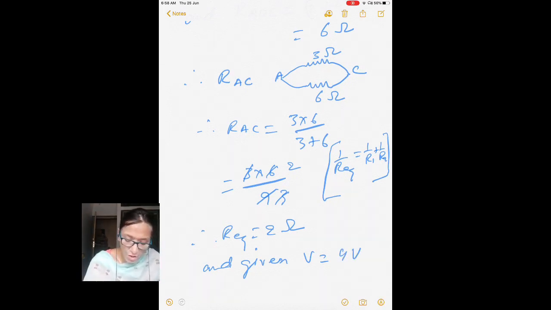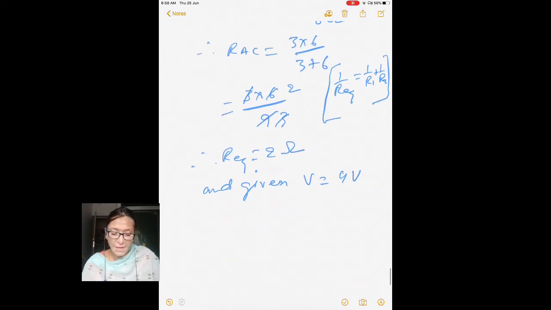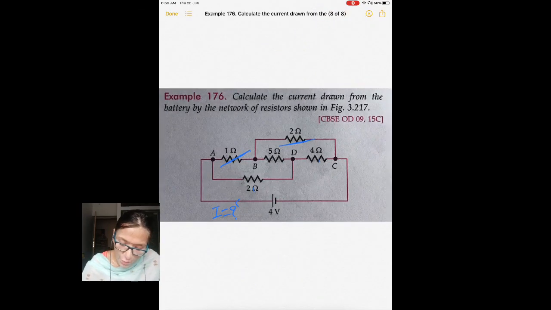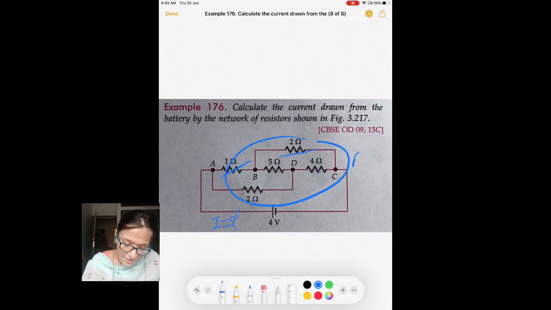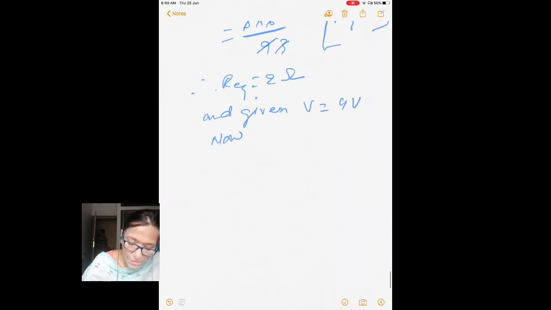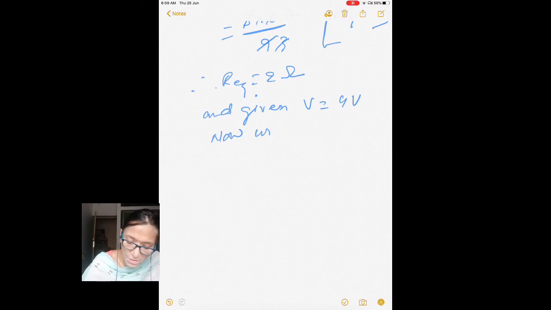Now from Ohm's law, you have obtained the equivalent resistance, which has come equal to 2 ohm. V is given, and very simply using Ohm's law you can obtain the value of I. We know that V is equal to IR, or 4 is equal to I into 2.